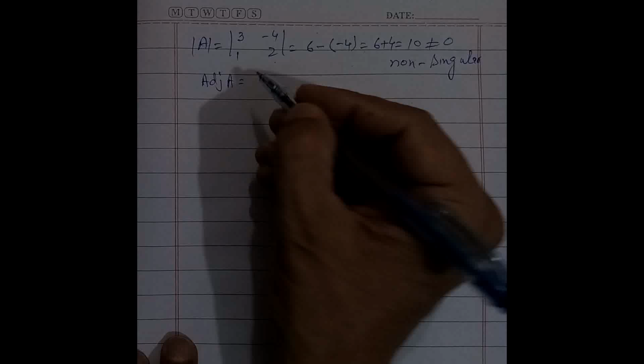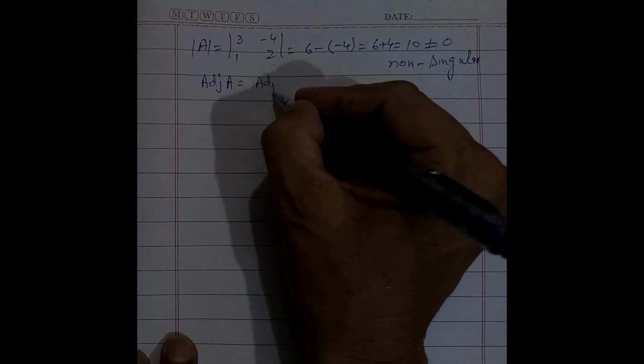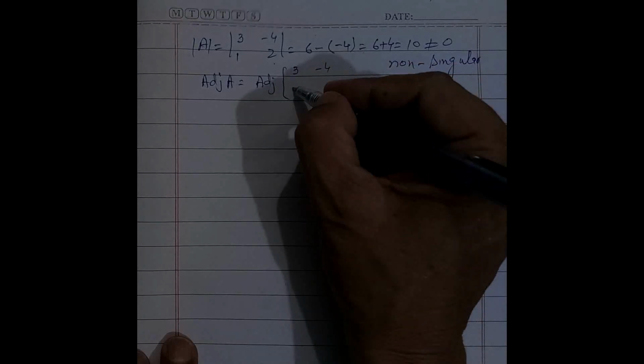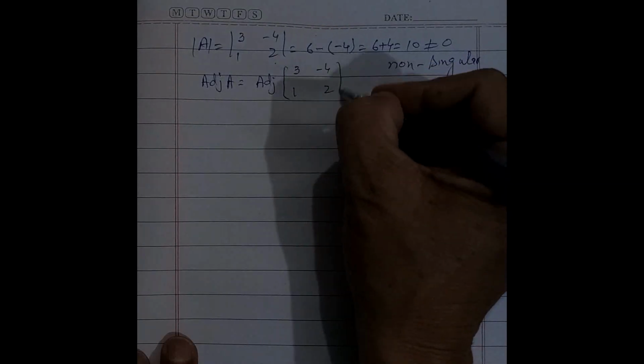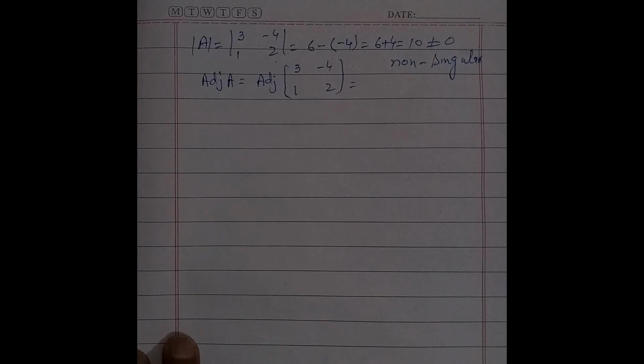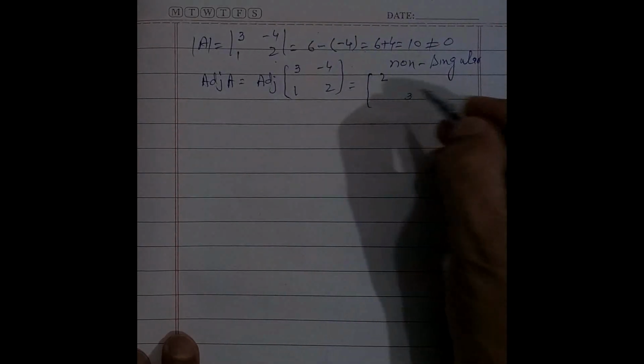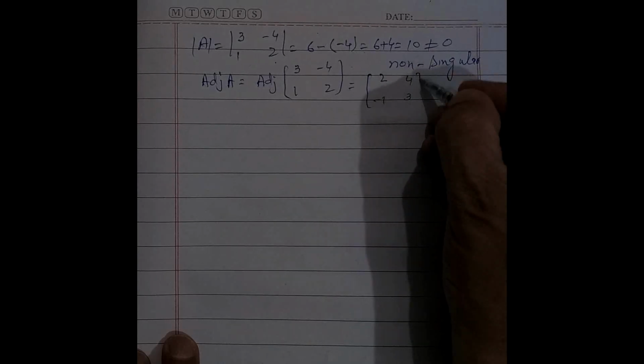The adjoint of A is from the matrix 3, minus 4, 1 and 2. Applying the adjoint rule, we get 2, 4, minus 1 and 3.